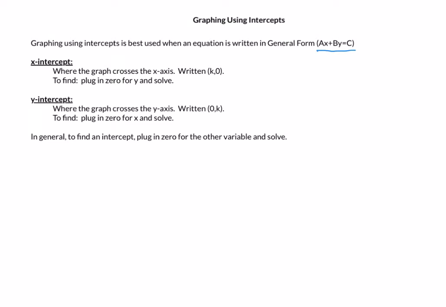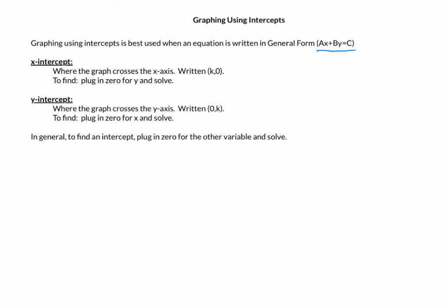The other type of intercept we have is a y-intercept. This is where the graph crosses the y-axis. It is written (0, k). And to find it, we plug in 0 for x and solve. Now when we get into application problems, remember that we don't always have x's and y's.